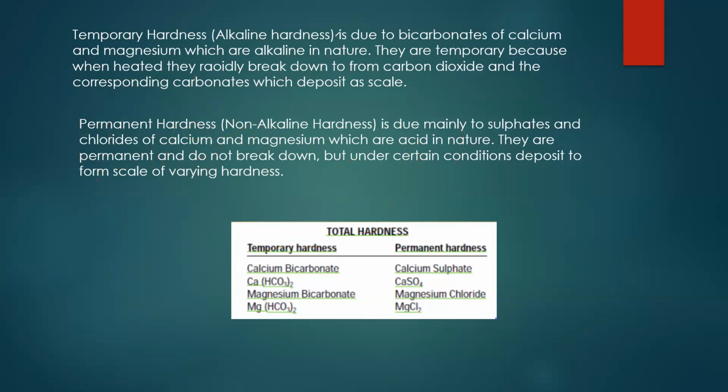Okay, we will just go ahead and see more things. Temporary hardness, alkaline hardness, is due to bicarbonate of calcium and magnesium, which are alkaline in nature.